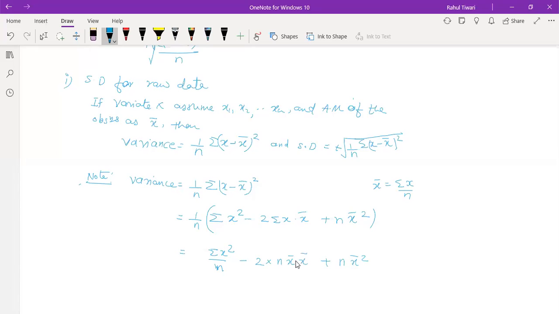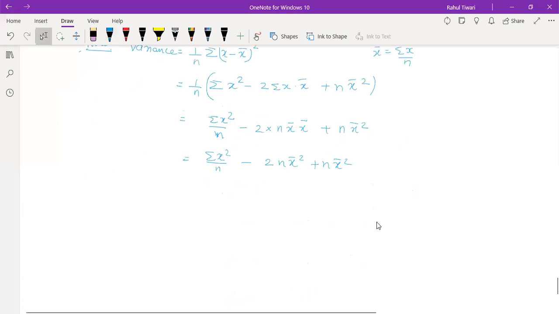Actually, somewhere I made a mistake here. This is divided by n everywhere, because I have just opened the brackets. So this n goes away, and we cancel these terms.